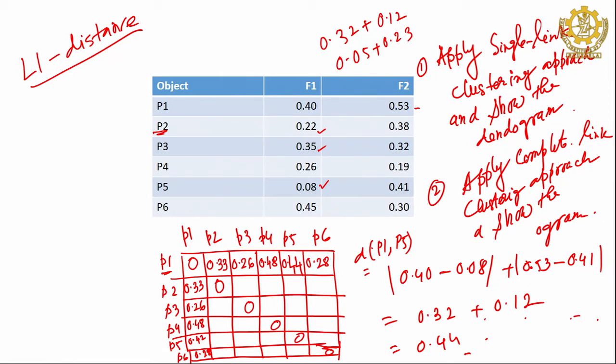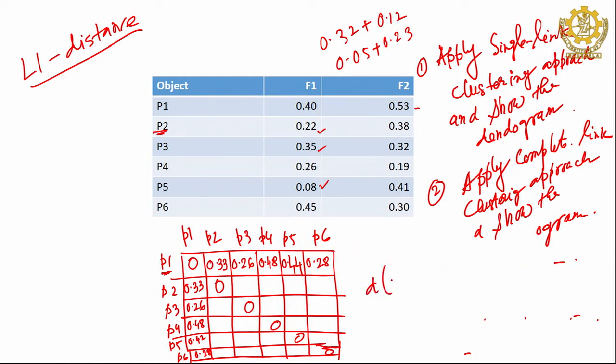Then P2 P3. P2 P3 will be how much? So, the distance from P2 to P3 will be 0.13 plus 0.06. So, 0.19. So, 0.19.